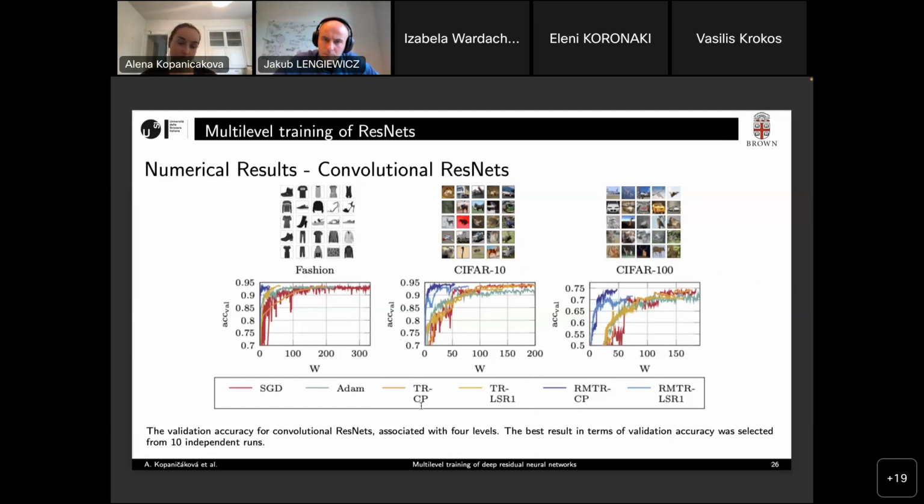In contrast, methods which employ only first-order information, such as stochastic gradient descent and trust region and RMTR with gradients, manage to reach comparable, state-of-the-art accuracy. It is also important to notice that by employing the multi-level variant of the trust region method, we are able to decrease the relative computational cost by close to a factor of 4, for example for the CIFAR-100 example.